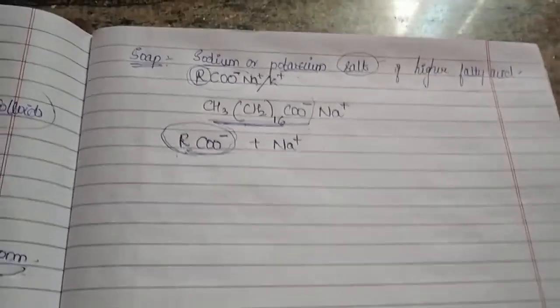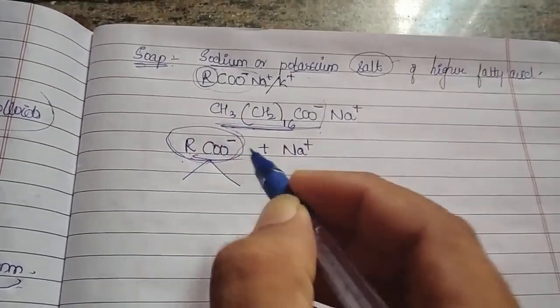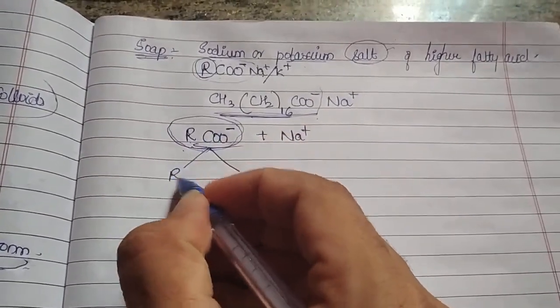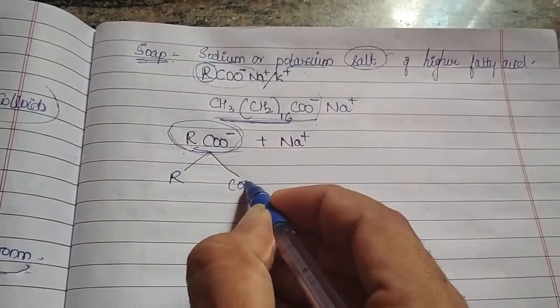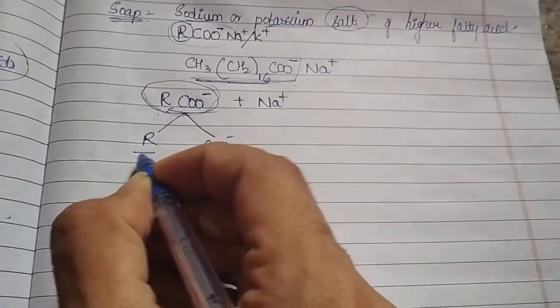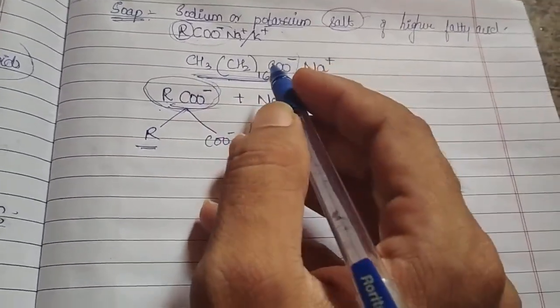Very interesting. This RCOO minus has two parts: first, the R group, and second, the COO minus group. As we have seen, R is CH3 CH2 16 times in general.